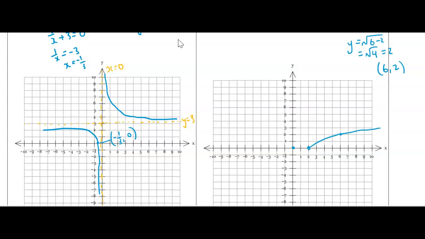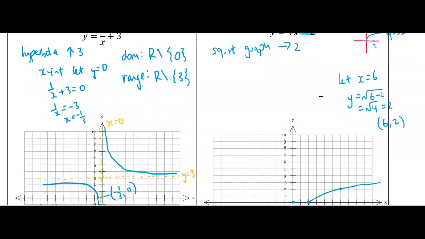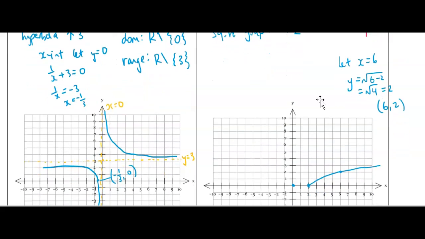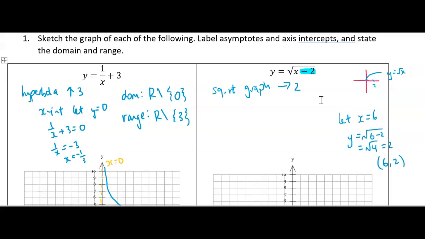So it's going to go something like that. What I was saying before, if we're looking for the shape of our graph, just make sure that you try to find another point just to help guide you. I probably should have done the same thing with my hyperbola, but usually when we're sketching, we don't have such an accurate scale. Okay, so I've sketched my graph.